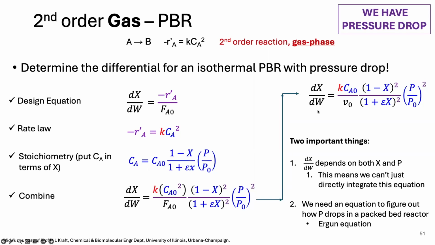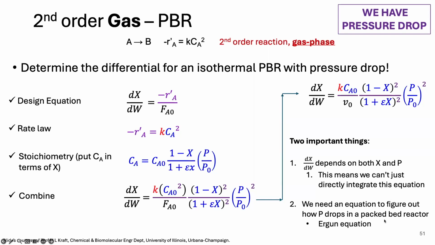We can get an integral to describe changes in conversion over changes in weight of our catalyst as such, and we can solve those equations once we have an expression for pressure as a function of distance or catalyst weight in our reactor.